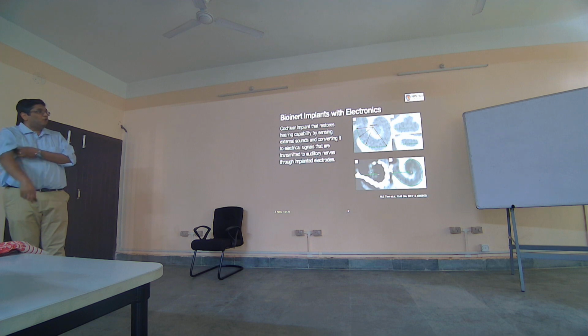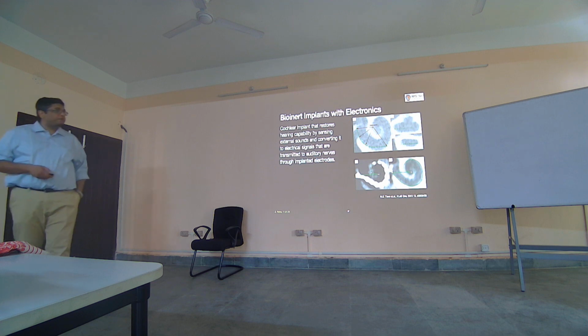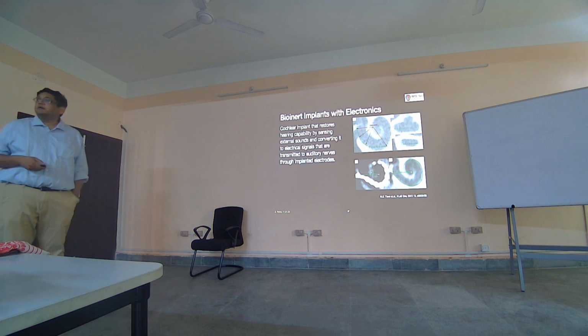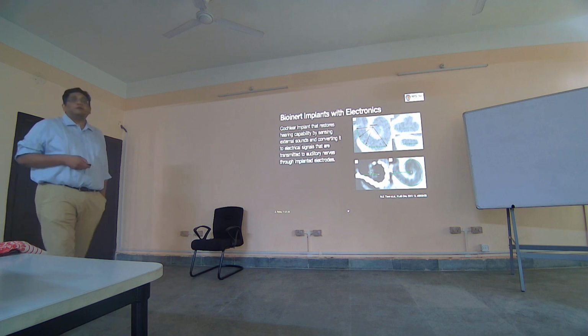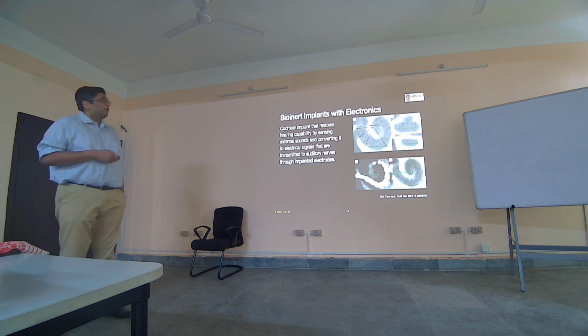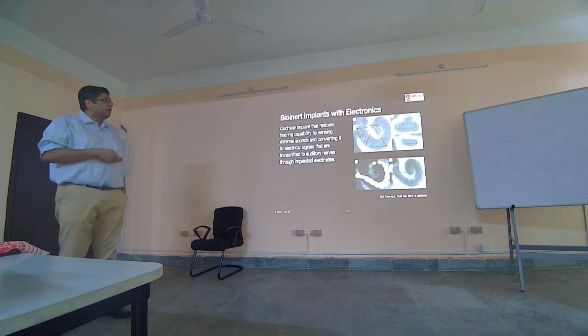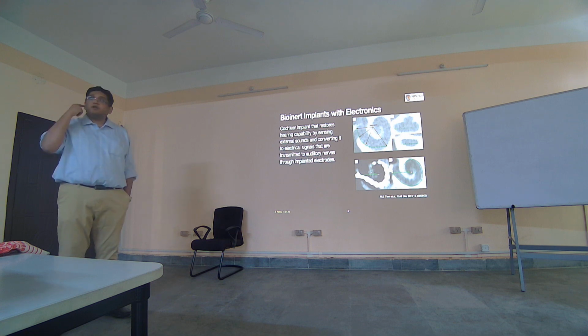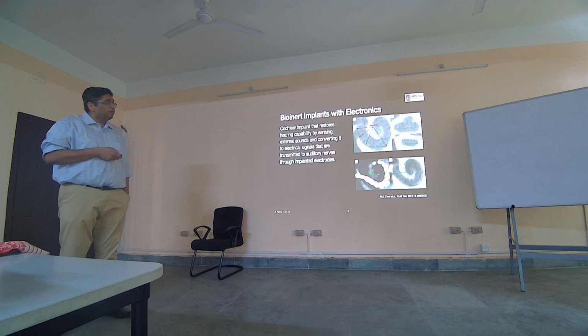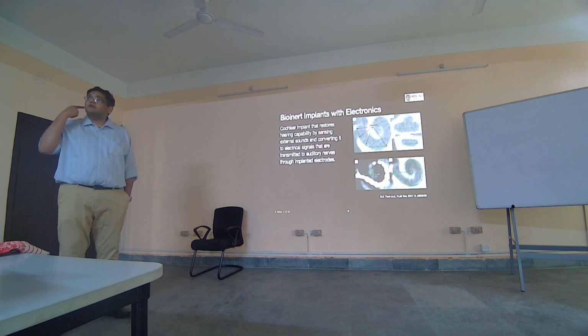So an old work, for example, is this cochlear implant. For people who have lost hearing in the ear, all this does is put a flexible rod in the cochlea of the ear so as to transmit the sounds. It converts the sound falling on the tympanum to an electrical signal connected to the auditory nerve.